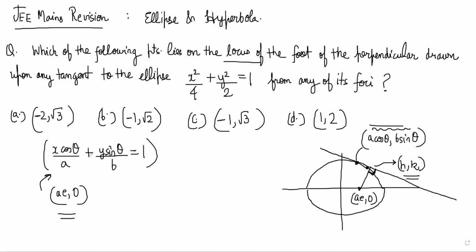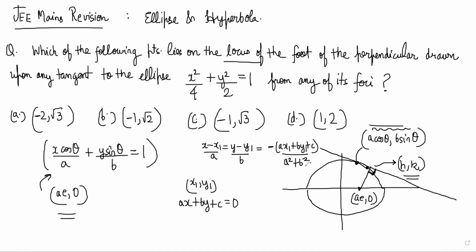What I'm saying is, I will use the foot of the perpendicular formula, the (x minus x1) by a one. The foot of the perpendicular to the line ax plus by plus c is equal to 0 from the point x1 comma y1 is (x minus x1) by a is equal to (y minus y1) by b is equal to minus (ax1 plus by1 plus c) by (a square plus b square).